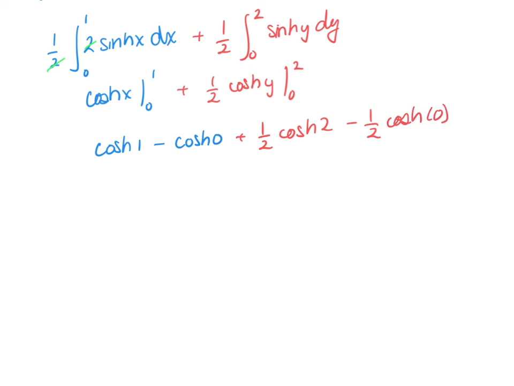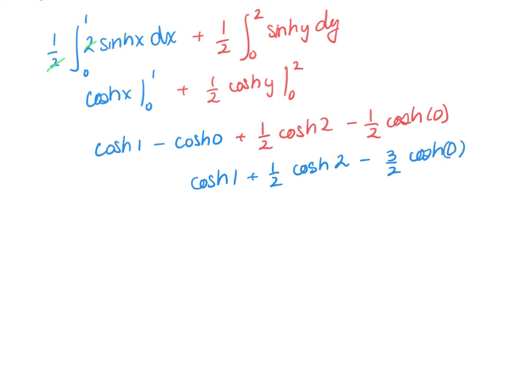And we can see that the hyperbolic cosine of the zeros end up adding up. And so I end up with the hyperbolic cosine of 1 plus 1/2 the hyperbolic cosine of 2 minus 3/2 the hyperbolic cosine of 0.